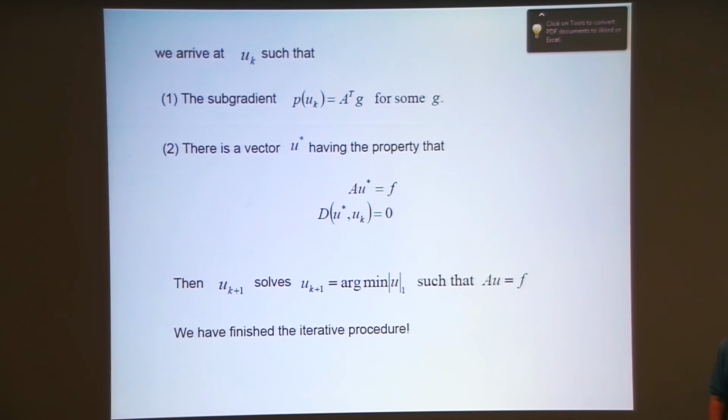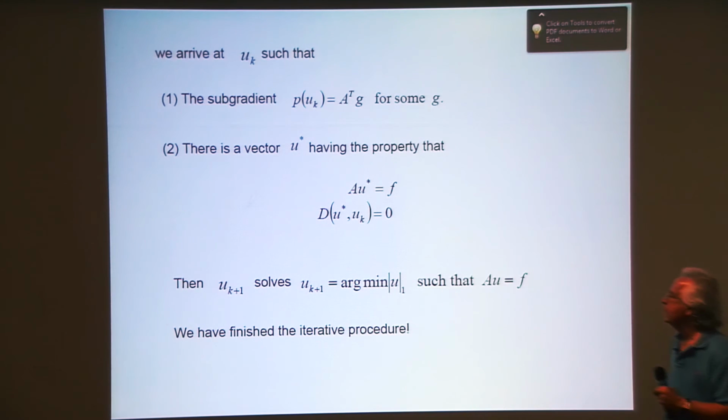So if you happen to get lucky and at the kth step your Bregman distance between anything which satisfies Au equals f and what you have is 0, and the other criterion, which is not so trivial, is satisfied, the next iteration will give you the exact answer. And the next iteration giving you the exact answer means you're finished in a finite number of steps.